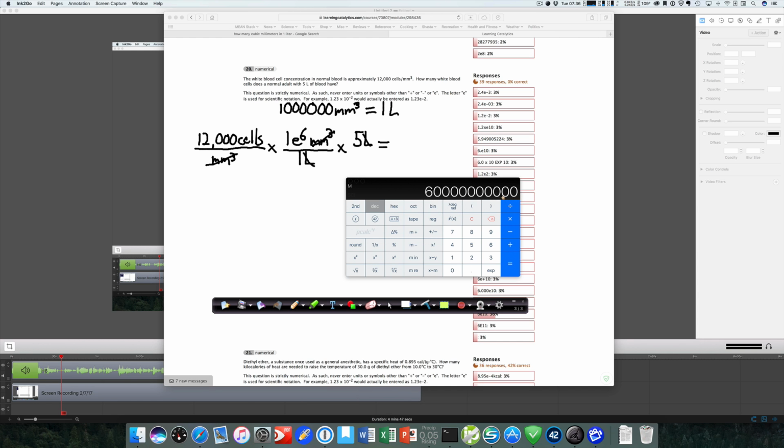So 1, 2, 3, 4, 5, 6, 7, 8, 9, 10. And we've only got one significant figure. That's because of the 5 liters right here. So I did say 6 times 10 to the 10th cells. And now I know the answer is set incorrectly because I see right here there's an answer 6E10, which is the correct answer. So rest assured, I'll get this fixed later, but that is the correct answer, 6 times 10 to the 10th.